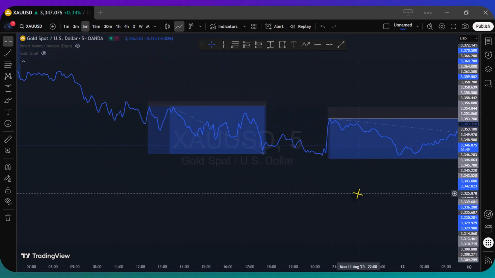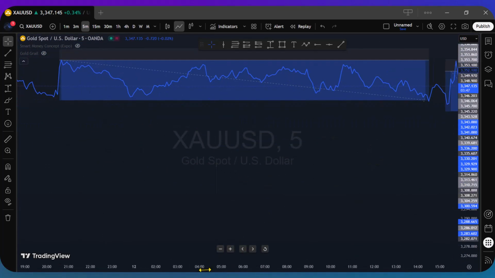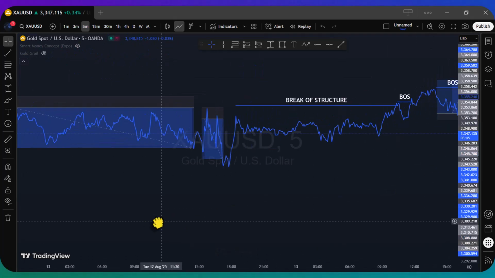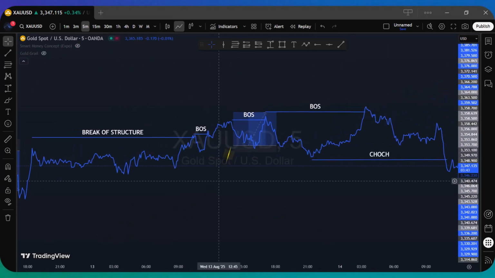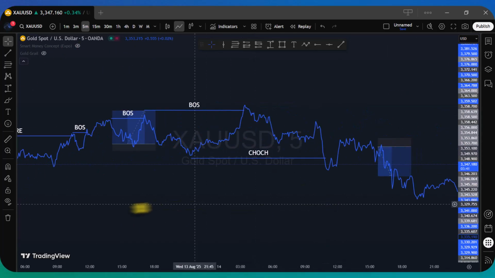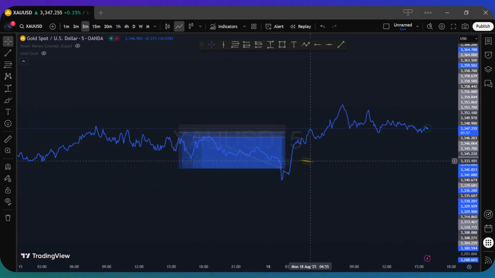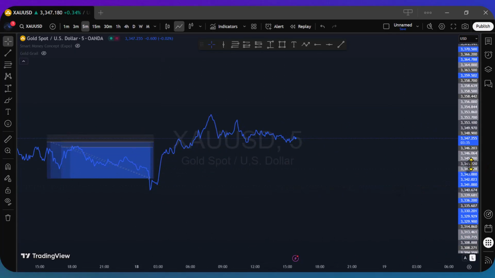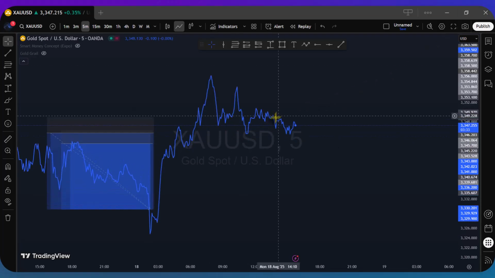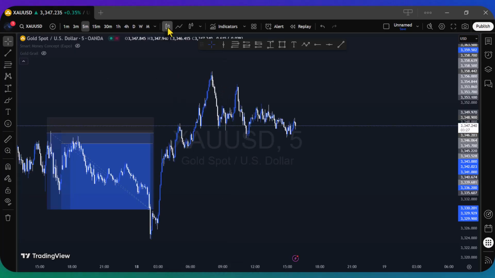So as you can see, price has been having bearish momentum. Then I had just a quick buy here, then a sell entry here, then two sell entries here. But today I've not seen any kind of opportunity because the market is still consolidating. It's not having any clear movement.